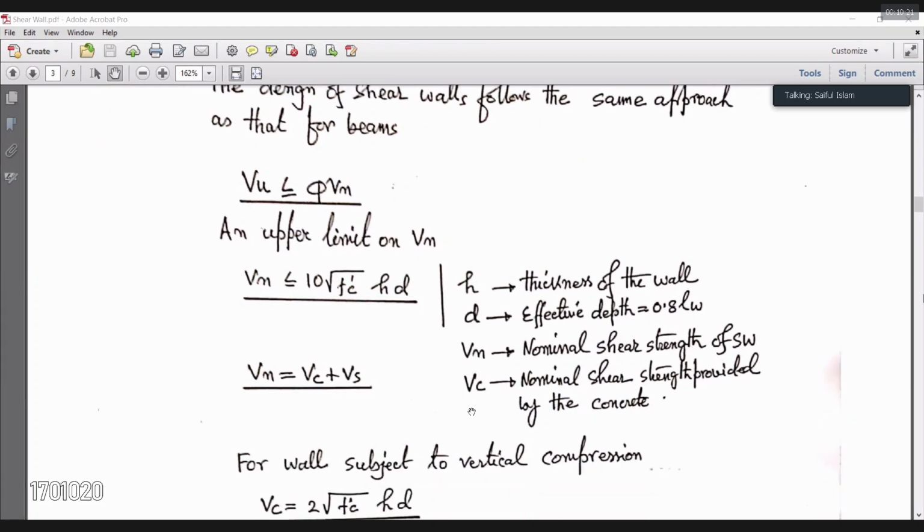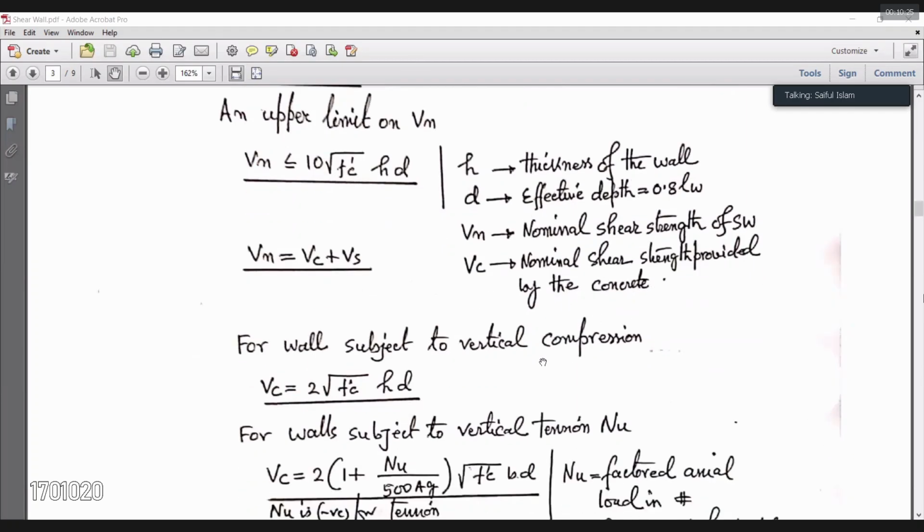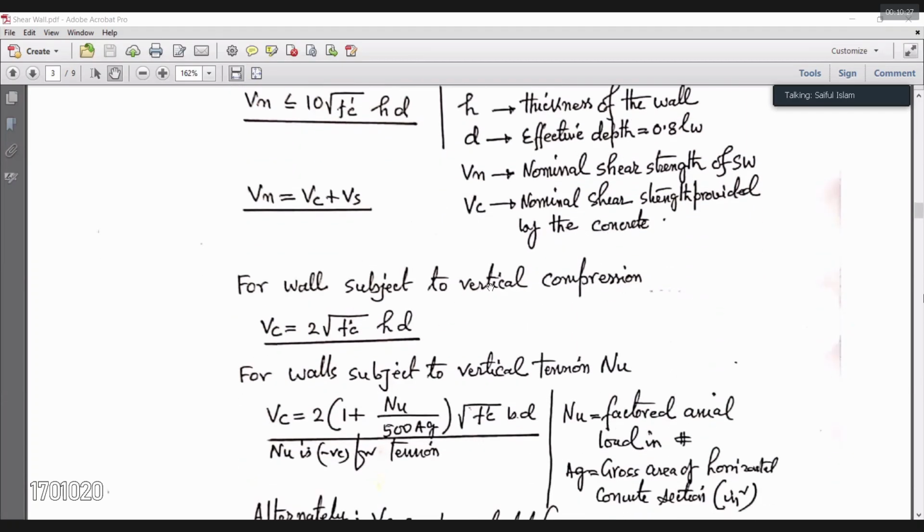Vn is the nominal strength, Vc is the strength contributed by the concrete alone. If the wall is subject to vertical compression, then Vc can be calculated by the simplified equation 2 root f prime c h d. You have already used those equations in beam design.